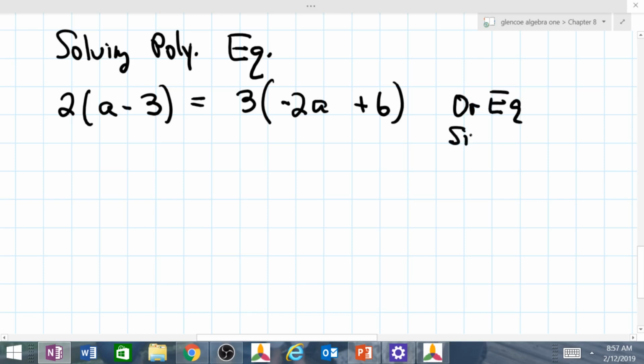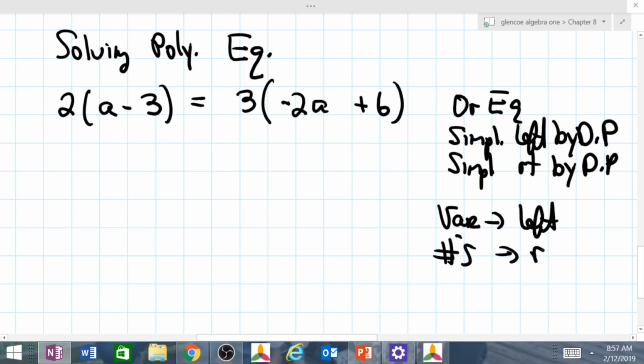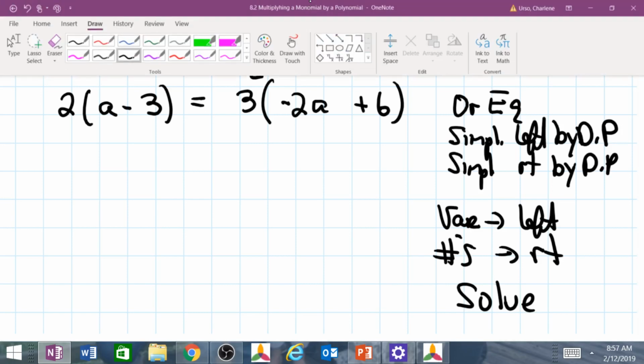We're going to simplify the left by the distributive property. Then we're going to simplify the right by the distributive property. Then we are going to get variables to the left, numbers to the right, and we're going to solve. So let's see how that looks for us.